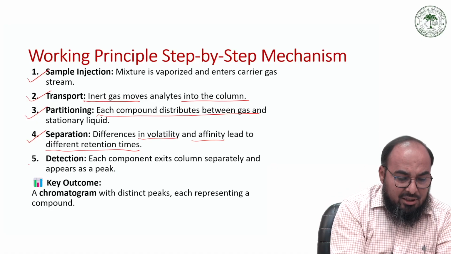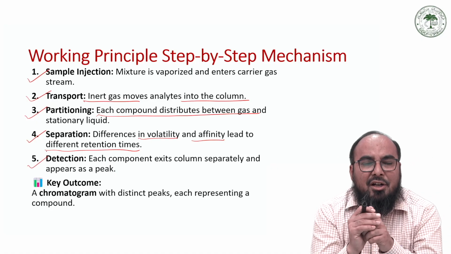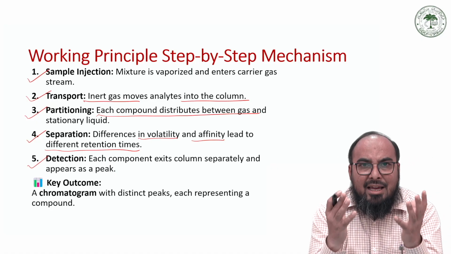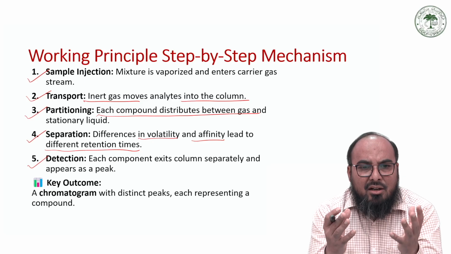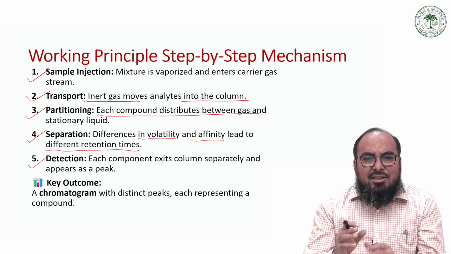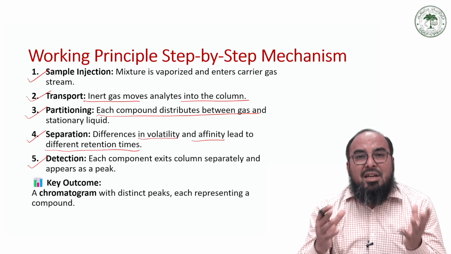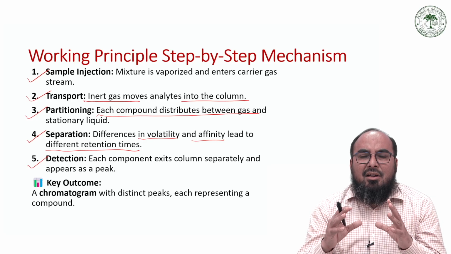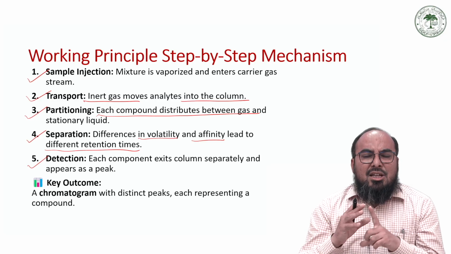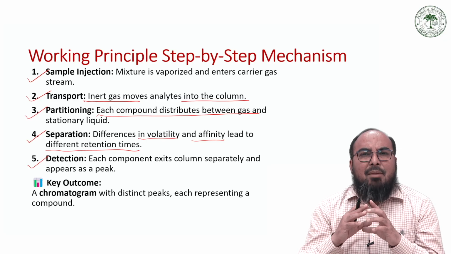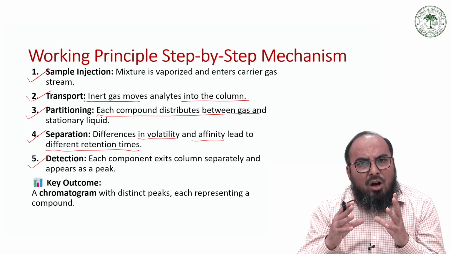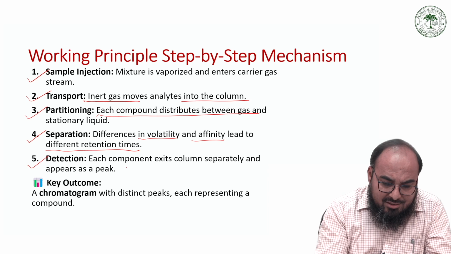Then comes the detection, which I have already referred to as the eyes of GC. Here each component exits the column separately, and each appears as a peak. So the detector gives you each component in the form of a peak. For example, if your sample contains 2 components, then you get 2 peaks.